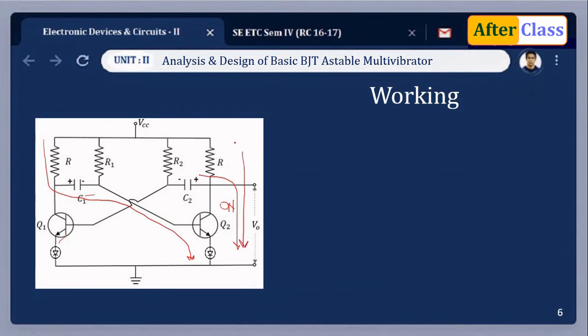So there is a current passing through this part of the circuitry. You can safely write here, transistor Q2 being on, this capacitor is discharging.